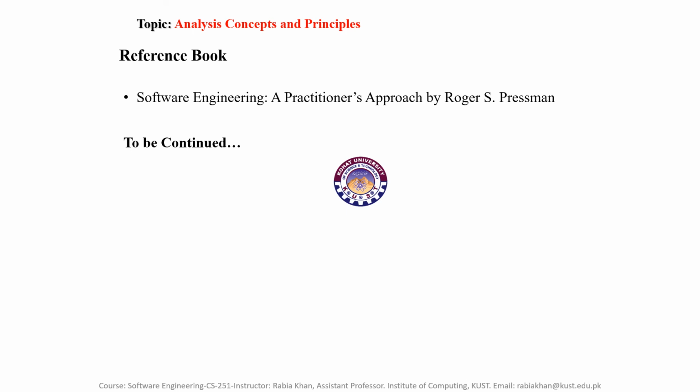In today's discussion, we discussed 5 different sub-areas of software requirement analysis, which are, first, the problem recognition phase, in which we try to understand the problem. We try to recognize whether it is a problem or not.